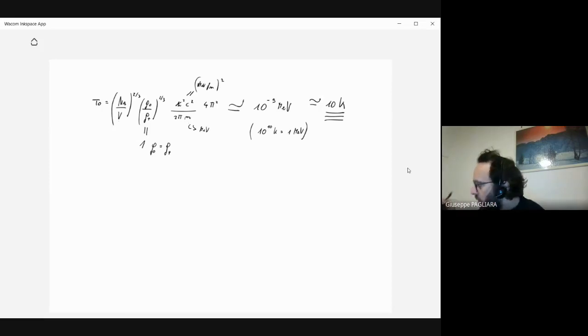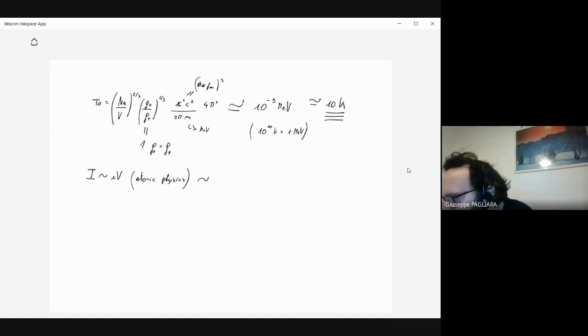Okay. Whereas I is of the order of electron volt in atomic physics, if you want. Order of electron volt means, so this is the atomic physics scale, of course, in terms of Kelvin means, let me see, 10 to 4 Kelvin.